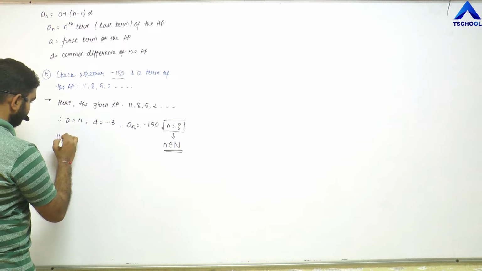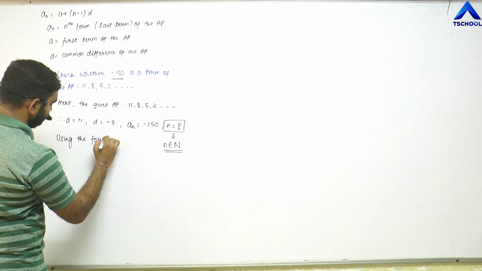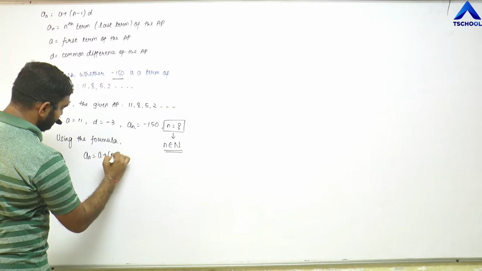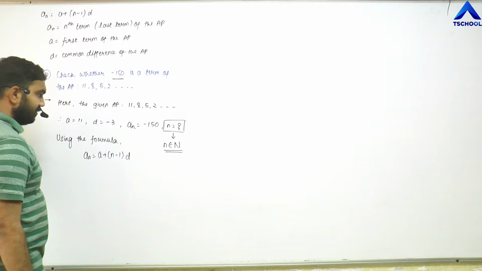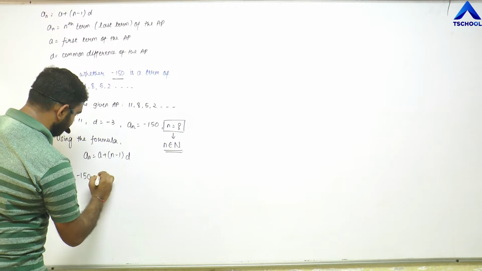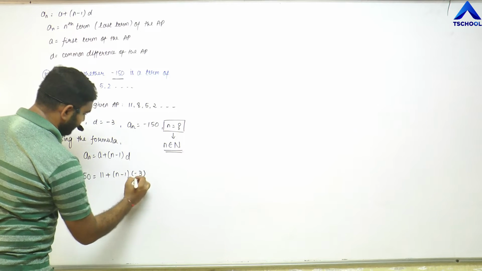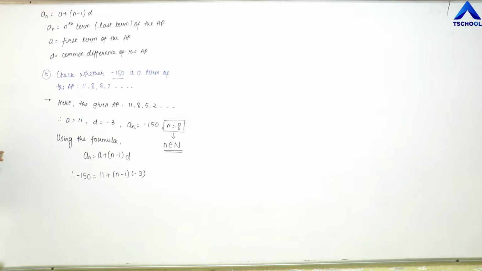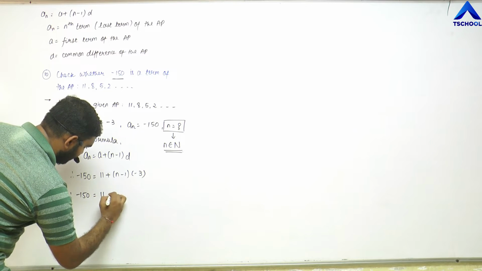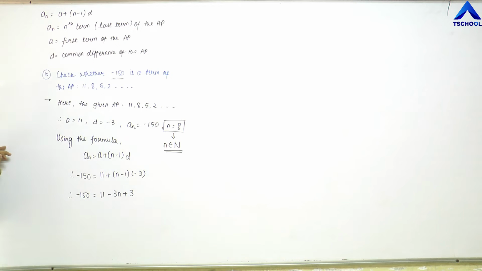So using the formula an equals a plus n minus 1 into d, minus 150 equals 11 plus n minus 1 into minus 3. Let us solve this. Therefore minus 150 equals 11 minus 3n plus 3.